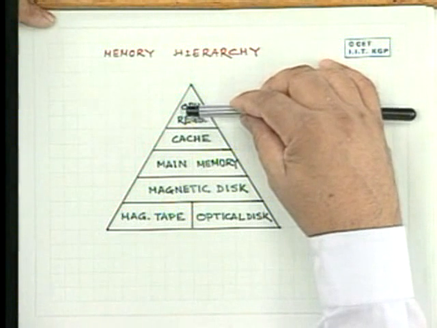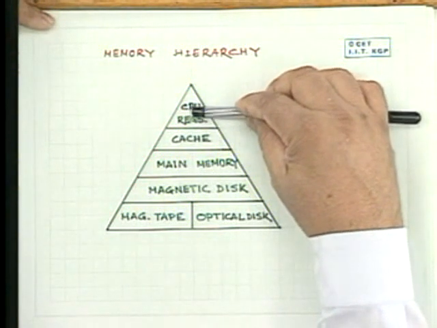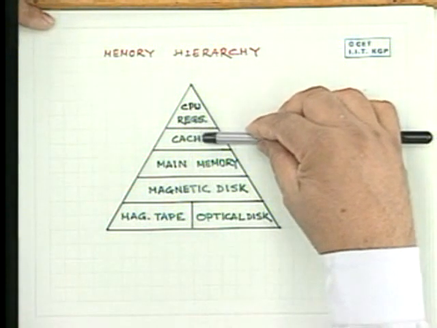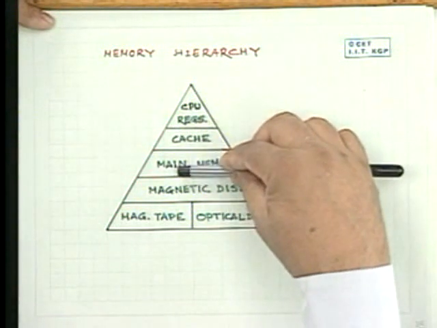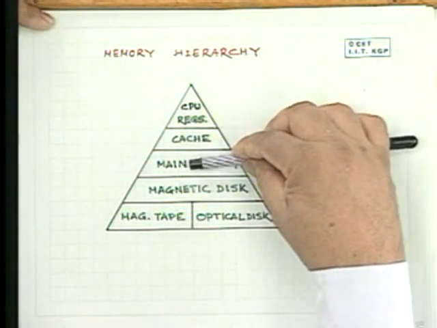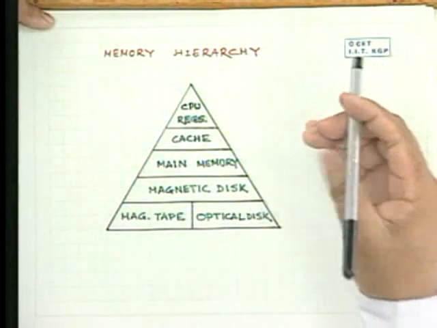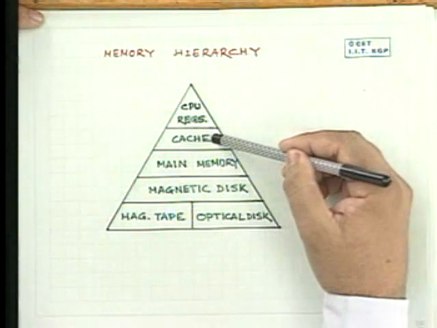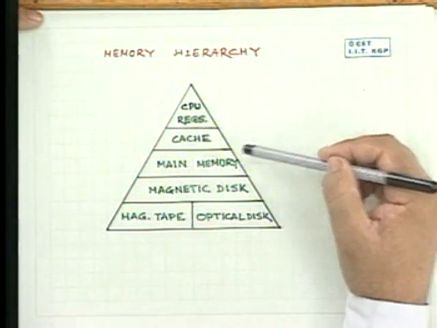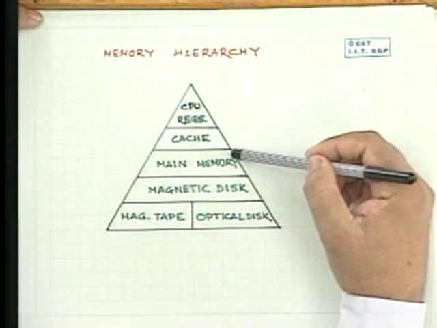And if the CPU finds that the required data or instructions is not in the cache, then only the CPU comes to the main memory to get the data or the instruction, and that is loaded into the cache. Therefore basically the cache speeds up the execution of a program.